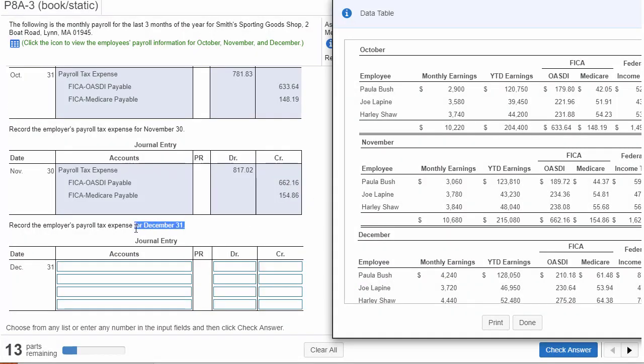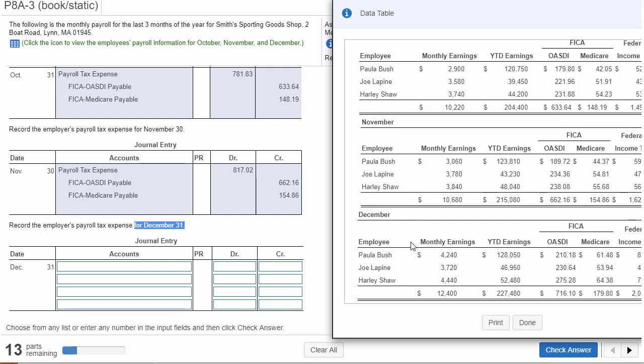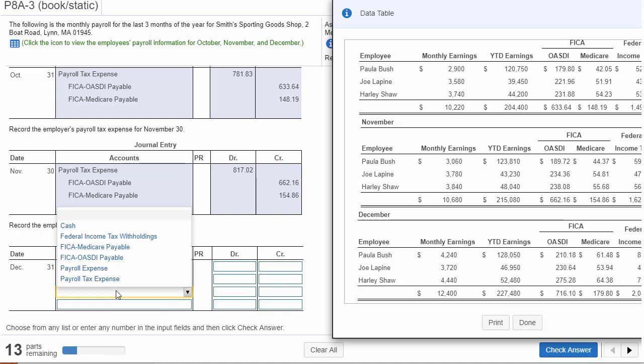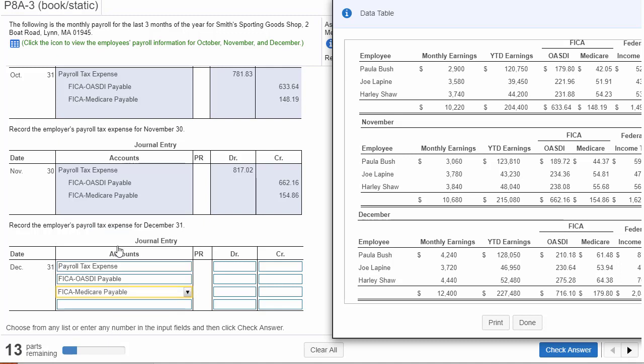And then finally, we're going to do December. So we're going to scroll down over here and find December. Let me plug in the accounts first: payroll tax expense, OASDI payable, Medicare payable. And then for OASDI, we got 716.1. Then copy and paste Medicare, 179.8.